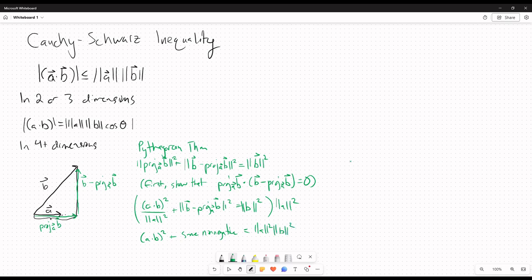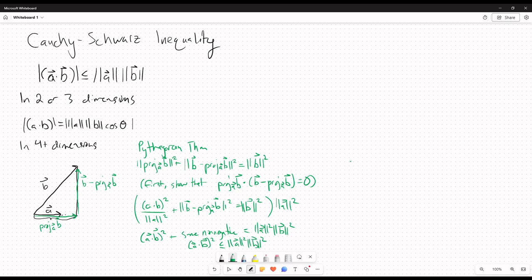Since everything's positive, first of all, what that lets us say is that A dot B squared is less than or equal to the norm of A squared times the norm of B squared. I've been forgetting arrows like a maniac here. And last but not least, you can square root both of those because it's all positives.